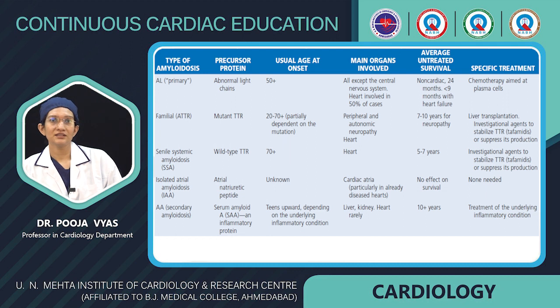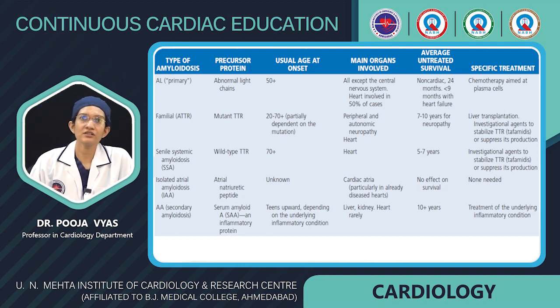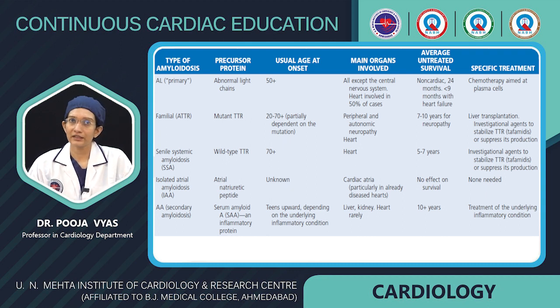So this is the summary of what we learnt about cardiac amyloidosis. If it is a primary type of amyloidosis, like AL type of cardiac amyloidosis, the precursor protein is abnormal light chain.